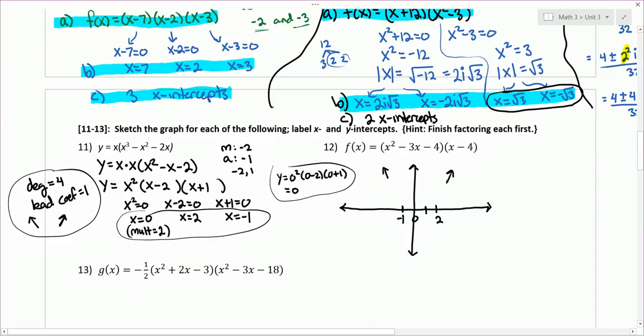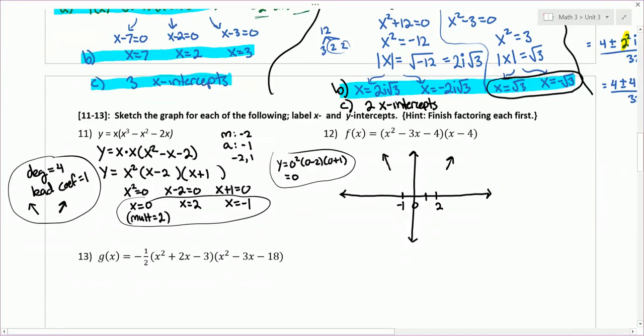And then I'm going to start from the left side and move towards the first x-intercept, which is negative 1. And then note the multiplicity of negative 1 is 1, so it's an odd, so I pass through.